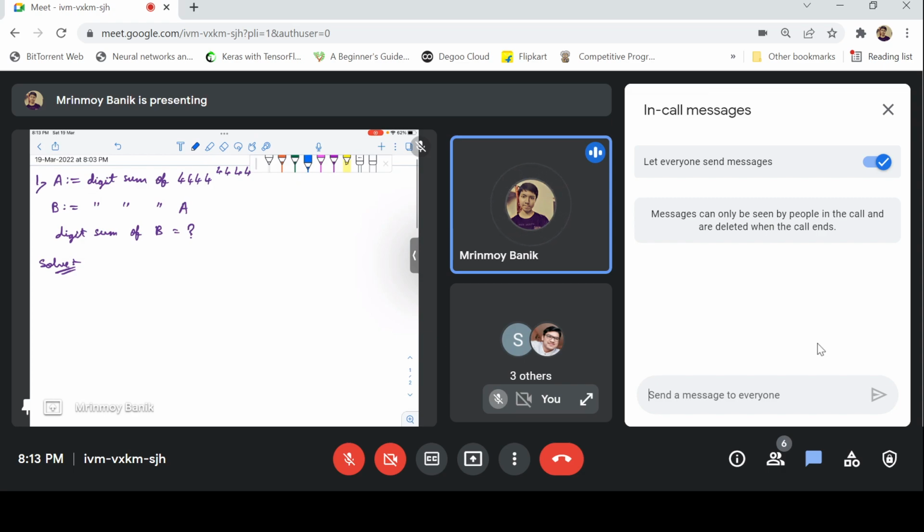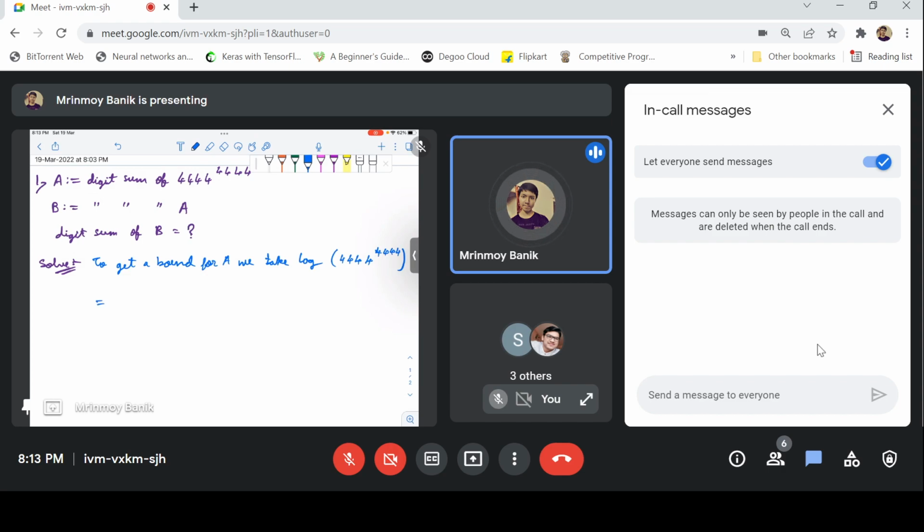So first, let us try to find a bound for the digit sum of A. We will use logarithm for that. So to get a bound, we take log of 4444 power 4444.